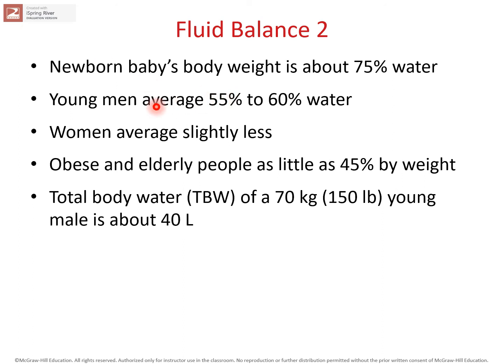And in young males, they have about 50 to 60% water, whereas young females have about 50% water, a lot less than males, right? And in the older people, the elderly above 70, their total body percentage is reduced to about 45%.